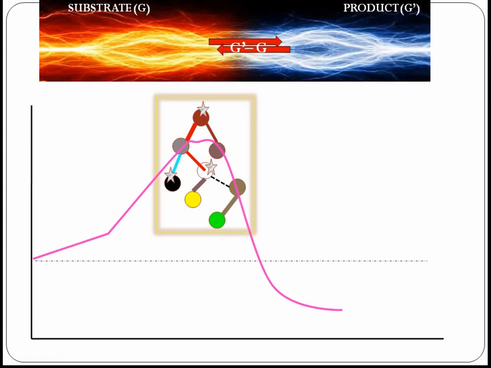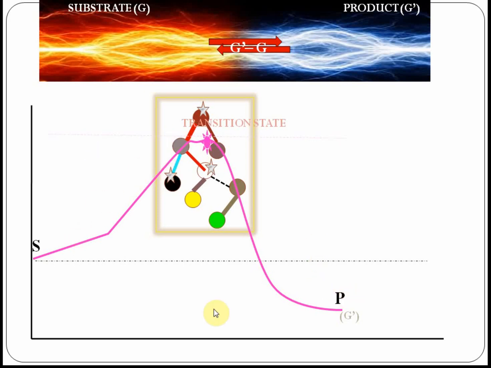This higher energy level is called the transition state, as the substrates for the reaction are present at the ground state. For the forward reaction, this is the substrate S, which is present at some ground state, and to achieve the transition state, which is present at the top point of this hill, the substrate has to raise up to this energy level.